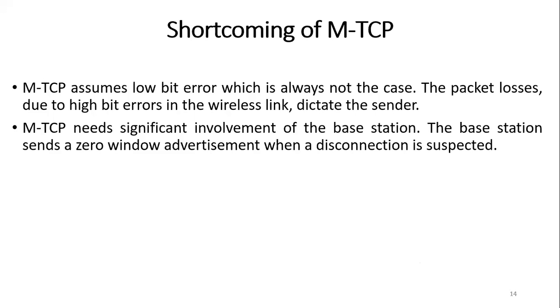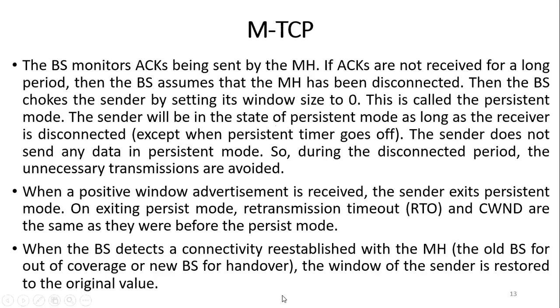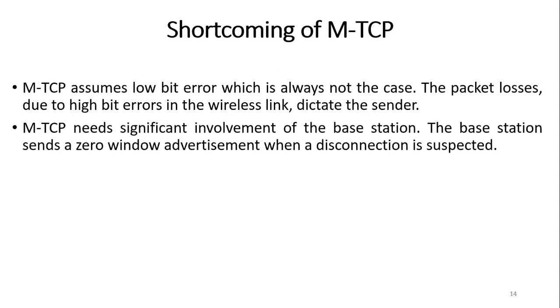So this MTCP is fine as long as you have low bit error rate, but some high bit error rate can let the BS, the intermediate, think that okay, it is now a temporary disruption, so it may put the sender in persistent mode, although it shouldn't be the case. Just the bit rate has been a little higher than normal, so that can be a problem. It can put the sender in persistent mode, which should not be the case then.